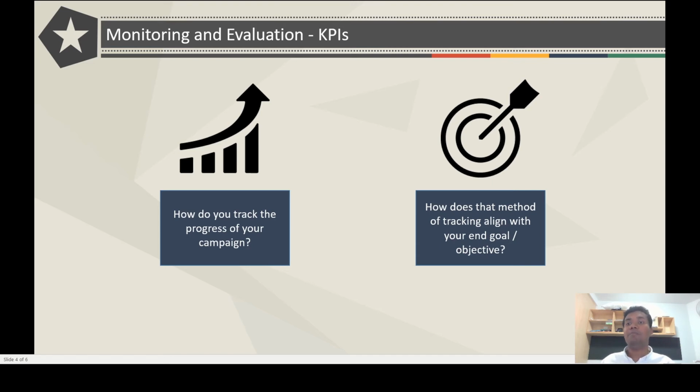A part of it might be acquisition of customers in a particular target group that has been dominated by a competitor, and that might be a particular KPI that aligns with your end goal of gaining market share. This is obviously an example, but this is a question that might help you construct KPIs that are in line with the end goal or objective that you are aiming for in a particular business.